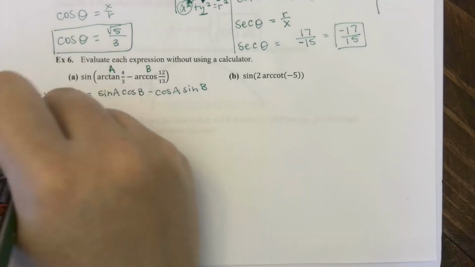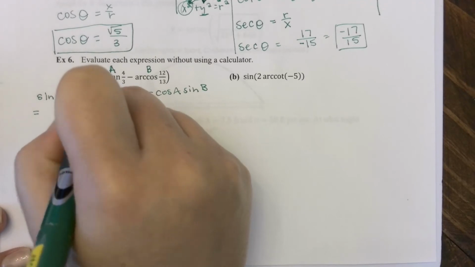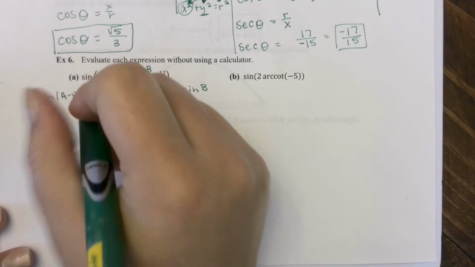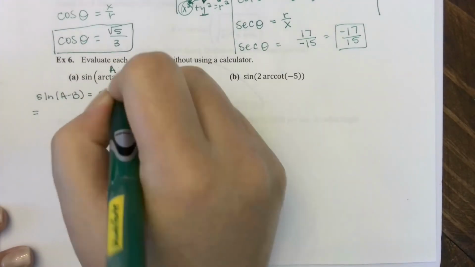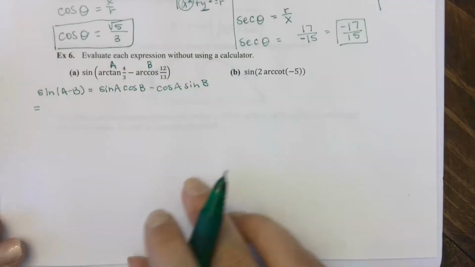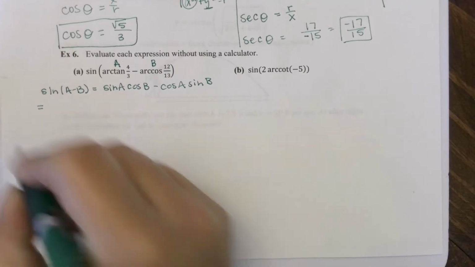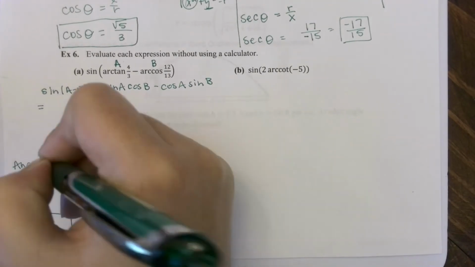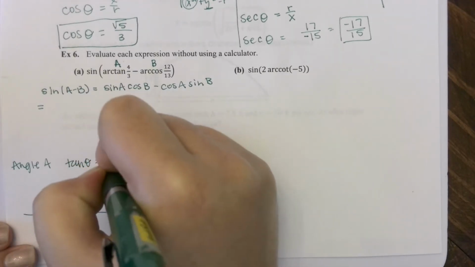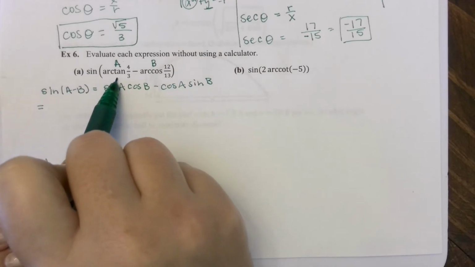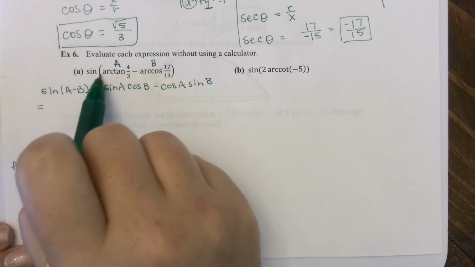Alright, so then, if I rewrite this, sine A, okay, so we don't know sine A or cosine B. So we need to use these values here to figure out what angle A and what angle B is. So I'm going to come down to the bottom, and we're going to talk about angle A first. So angle A, this gives me tan theta equals 4 over 3. So I got that from here. Just set that up and then take the tangent of both sides.